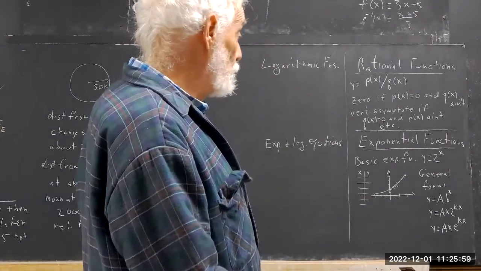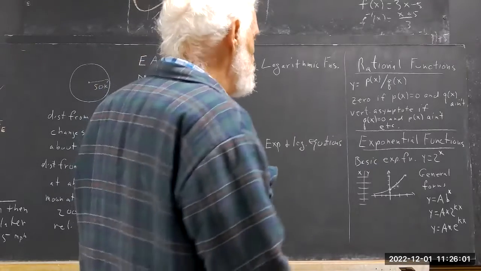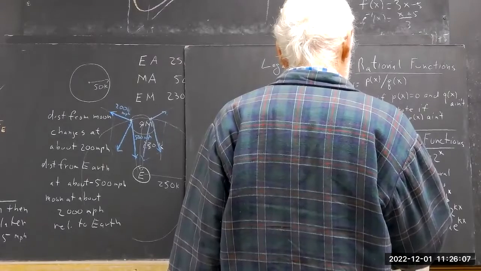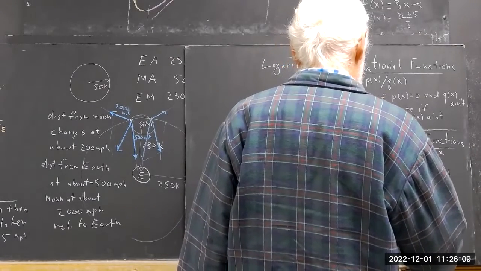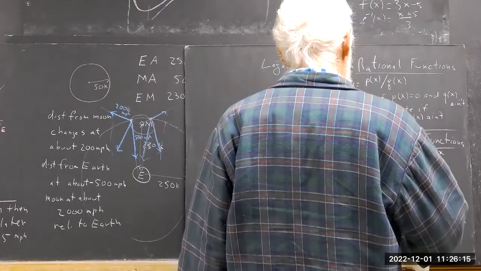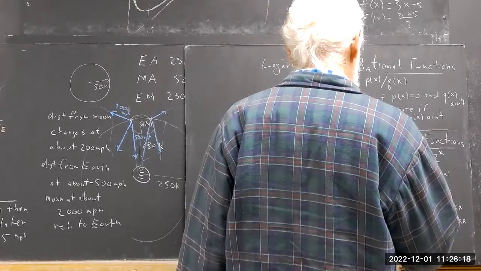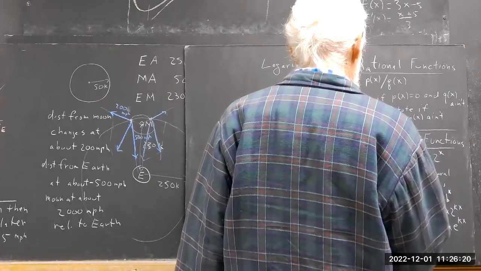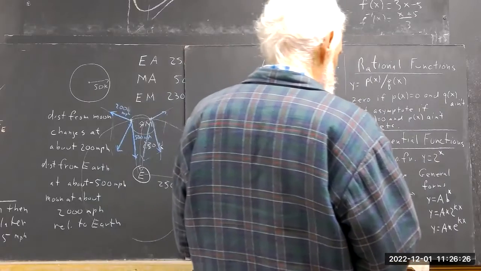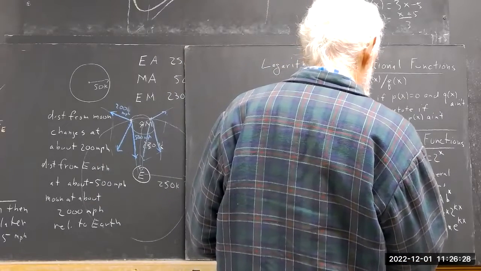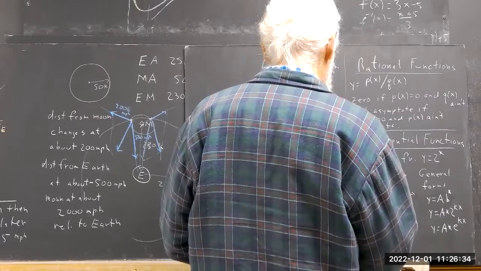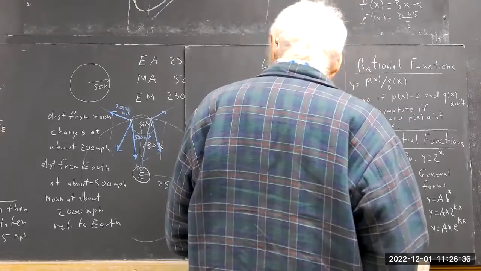Let's see. So those are general forms. In terms of a b to the x, the graph looks like this if b is greater than 0, and like this if b is greater than 1 or less than 1, there's another mistake.